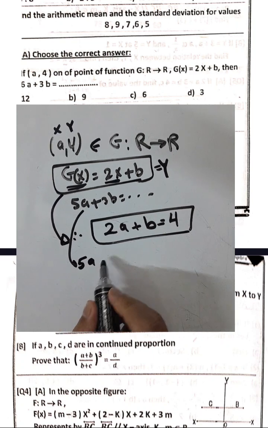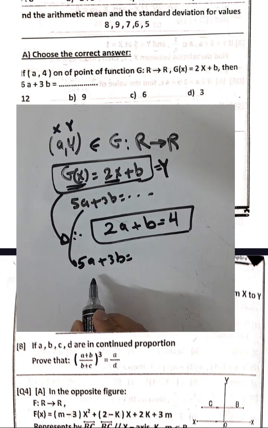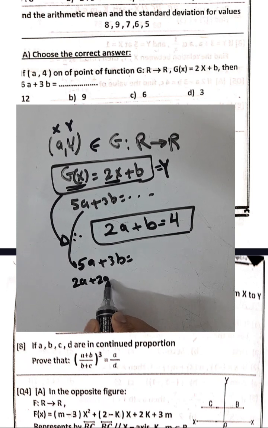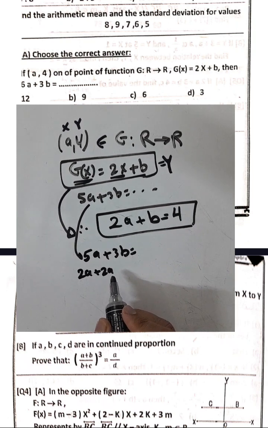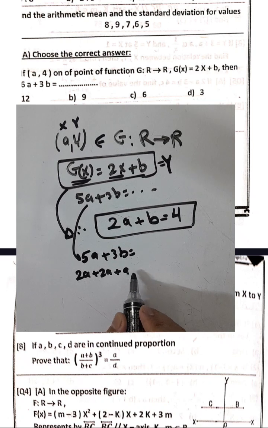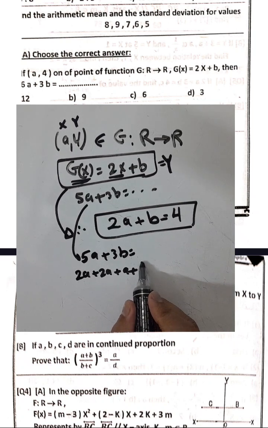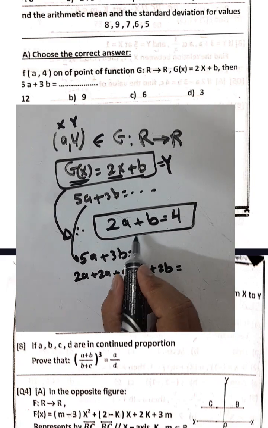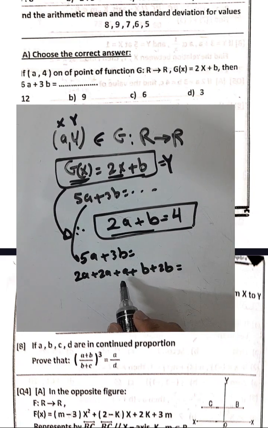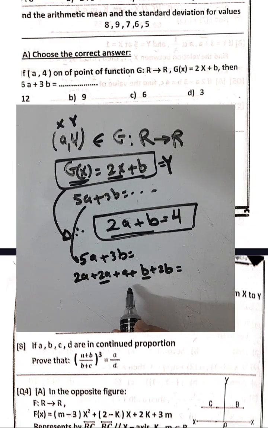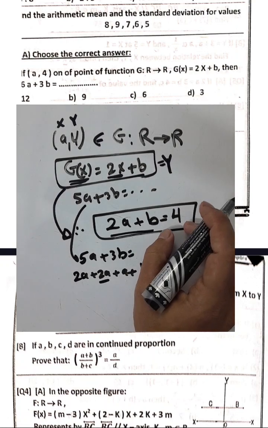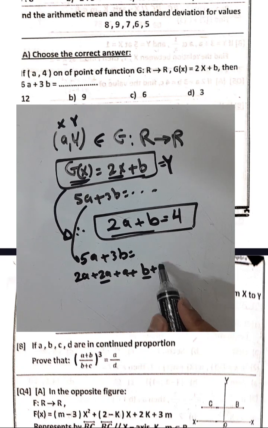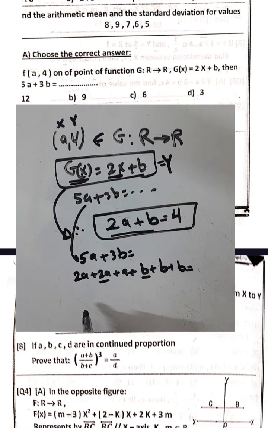You can write 5a plus 3b as 2a plus 2a plus a, and 3b as b plus 2b. He gave us 2a plus b equal 4, and you can write 2b equal b plus b.